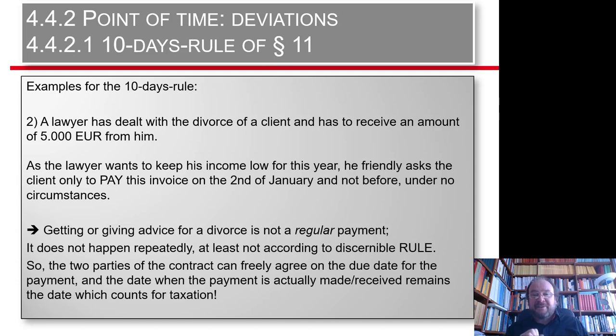Organizing the divorce of a given customer is not a regular thing. At least I think we should hope that. It would be rather tragic if we have a client who carries through a divorce every 2 months regularly. Forget about that. Not possible. Individual single activities are not regular.